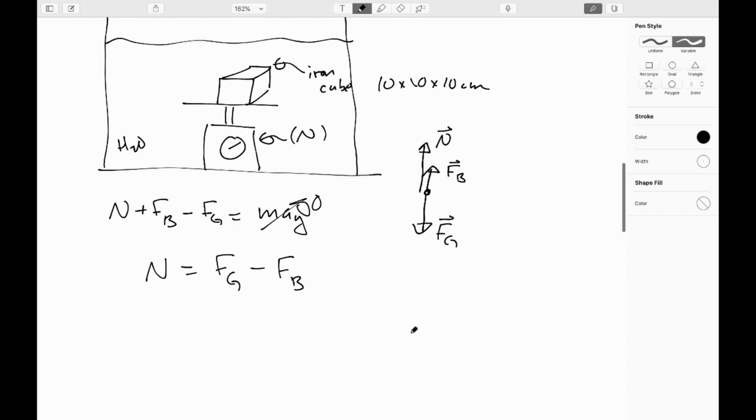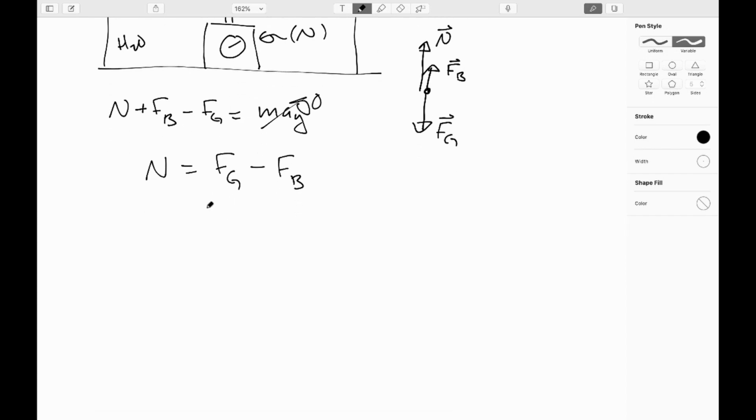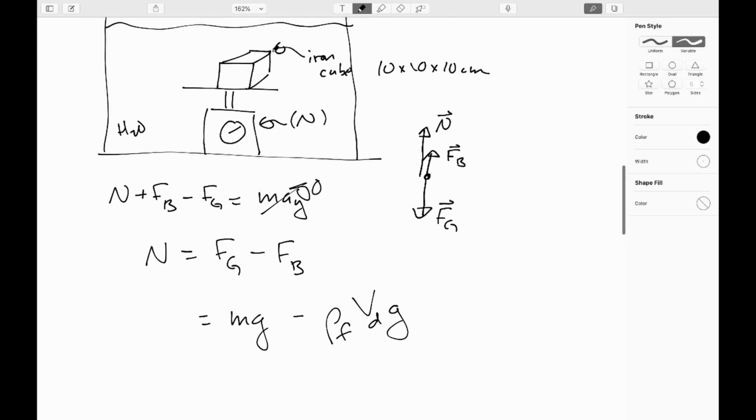Okay. So this will be equal to mg, and this will be equal to the density of the fluid times V_D times g. Now in this case, the cube is completely underwater, so the volume under the water line is just plain the volume of the thing.